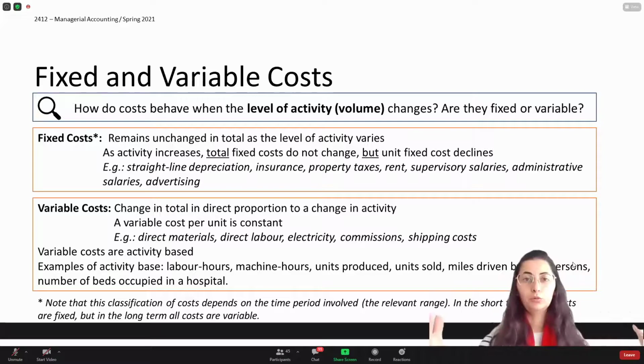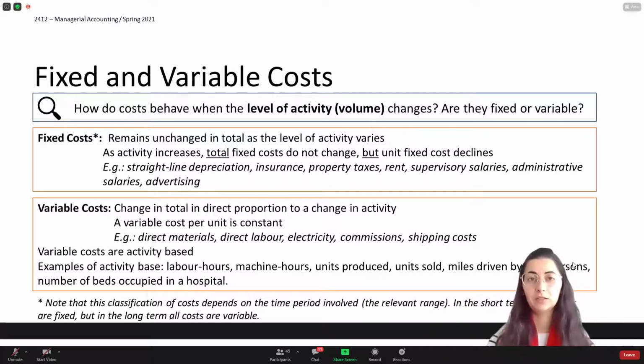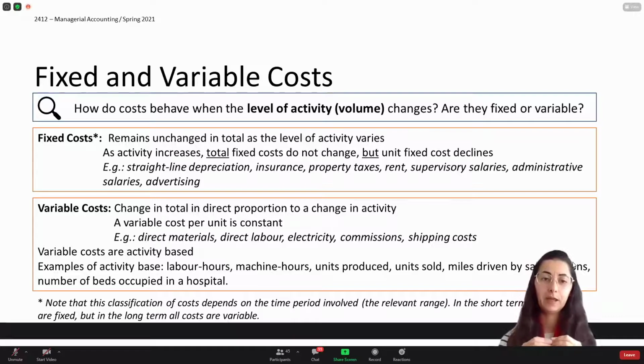We don't need to rent the offices because everyone is working from home. So this becomes a variable cost. We decrease the cost of the office rents, for instance. Okay, so in the long range, everything is variable. Costs are only fixed in the short period. Okay.